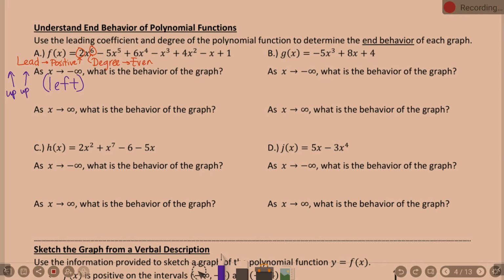It's positive infinity. So as x approaches negative infinity on the left side of the graph, y is going to approach positive infinity. In other words, my graph is going up. If we had needed to say down, we would say y approaches negative infinity.